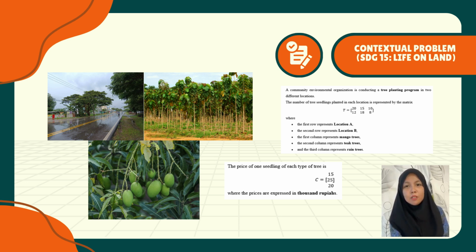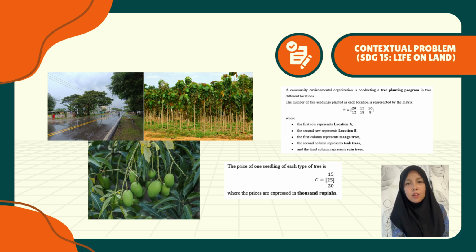The number of tree seedlings planted in each location is represented by the matrix T equals 20, 15, 10, 12, 18, and 8.